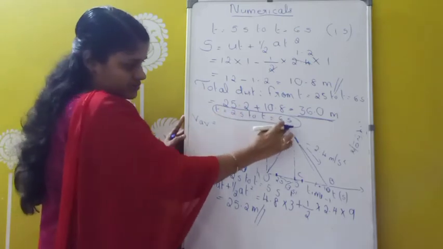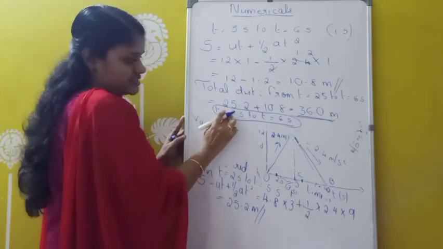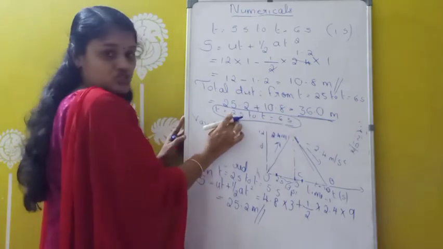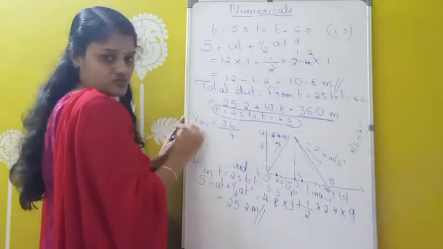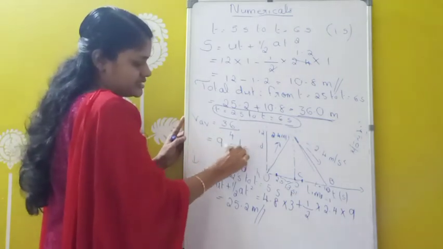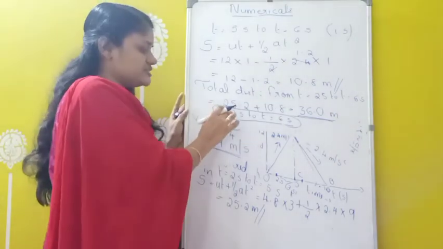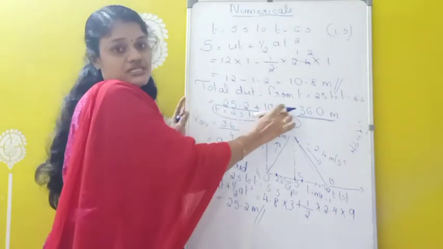In this time interval, the total distance is 36, divided by the time interval 6 minus 2, that is 4. 36 by 4 is 9. So this 9 meter per second is the average velocity of the particle in the time interval t equals 2 seconds to t equals 6 seconds.